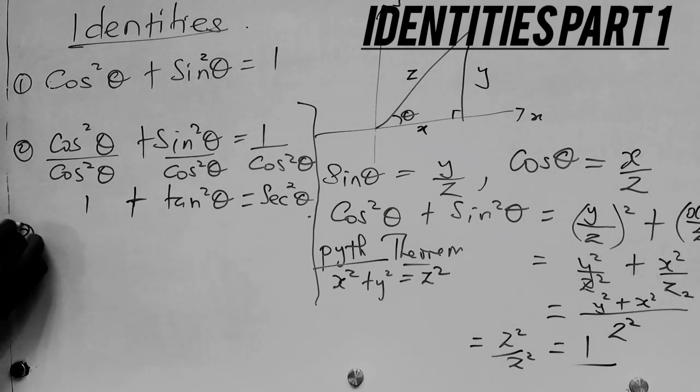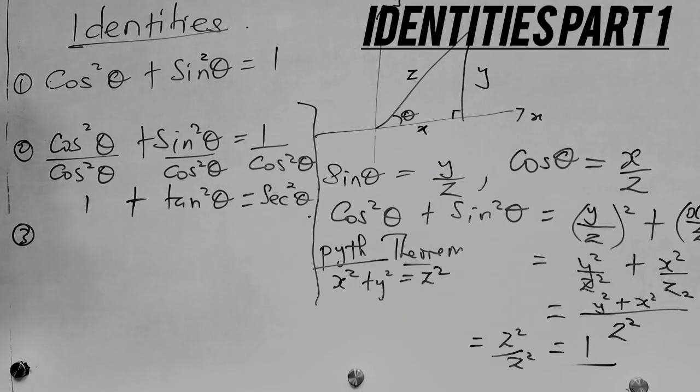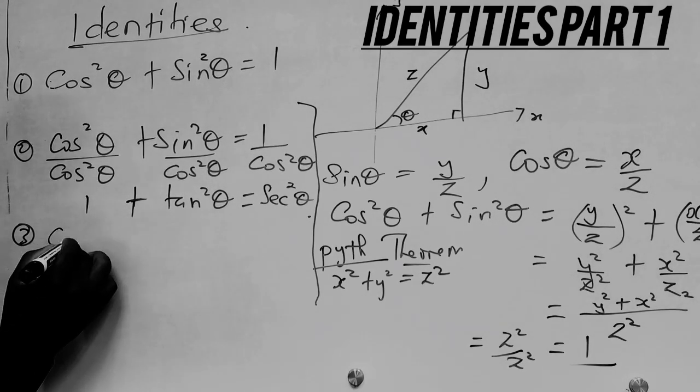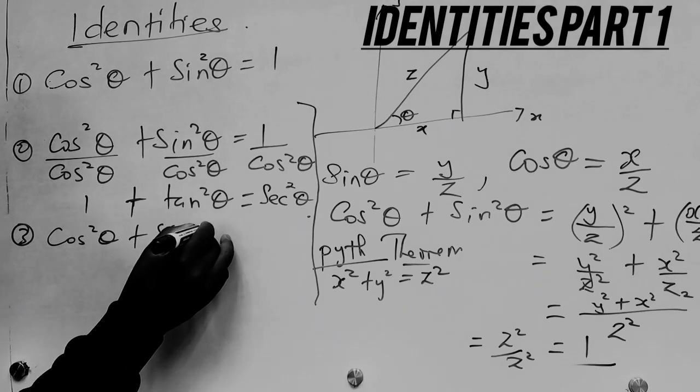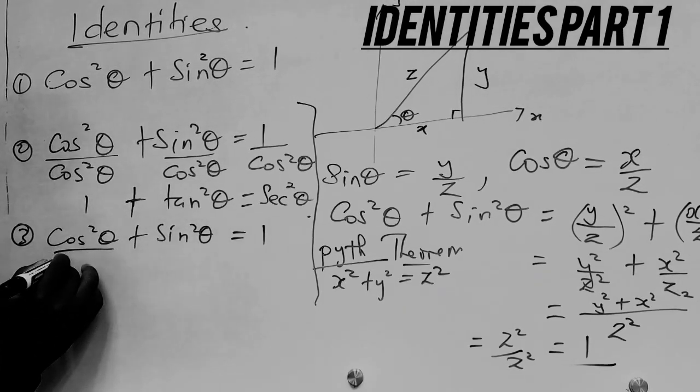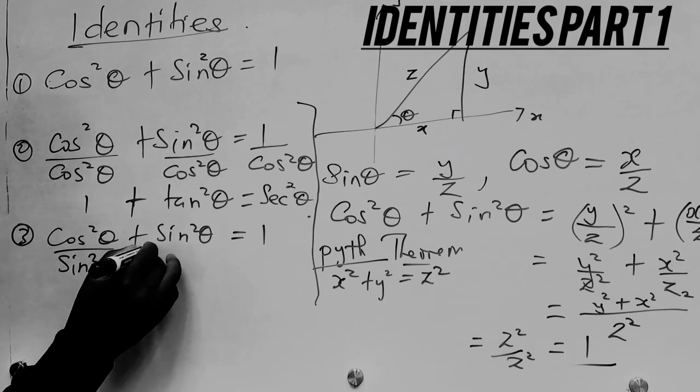And another one, we can divide by sine squared theta throughout again. Let's divide and see what we get. Cos squared plus sine squared theta is equal to 1, divided by sine squared theta throughout.